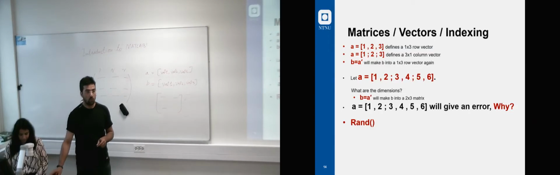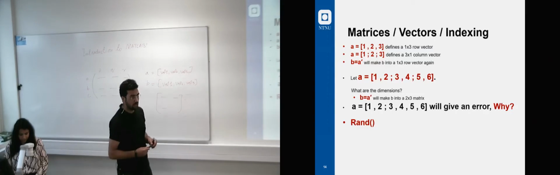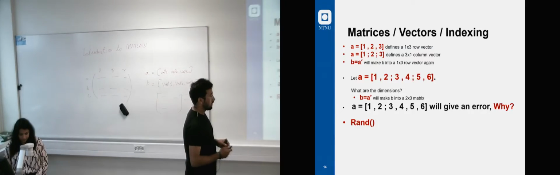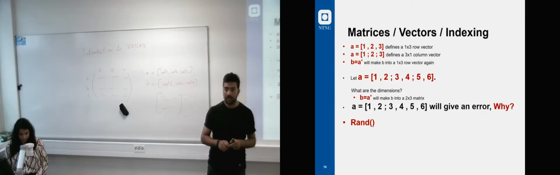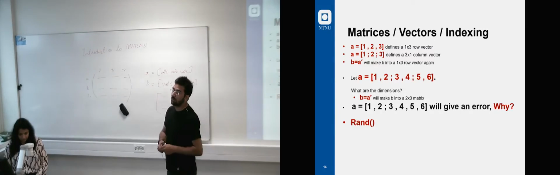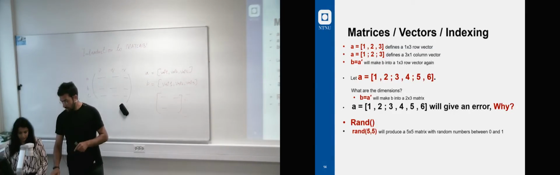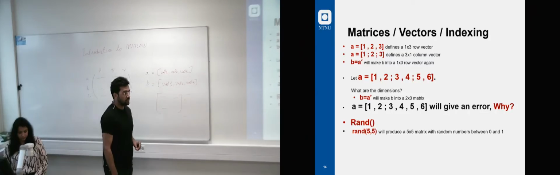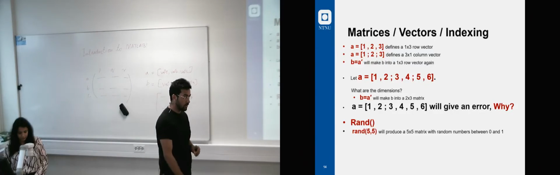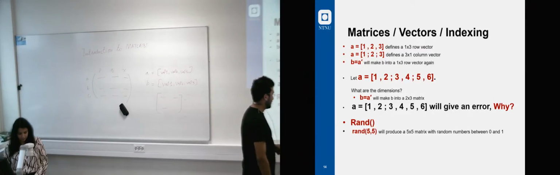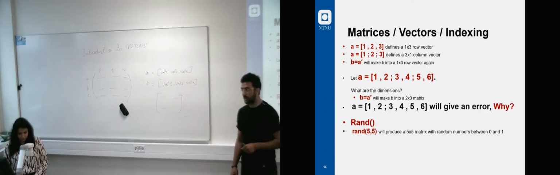Now we have one more command, which is called rand, from random. It will help you generate random numbers and random matrices. If you write rand(5,5) on your machines, let me know what you get.